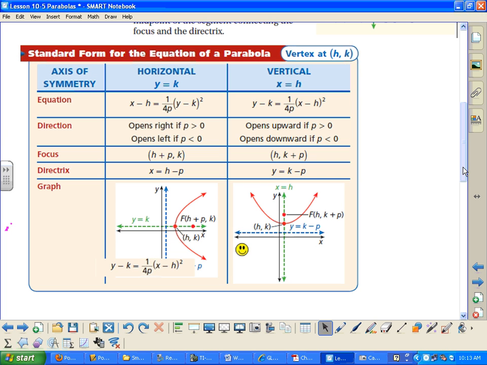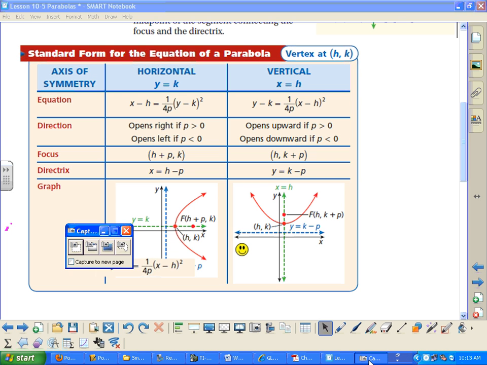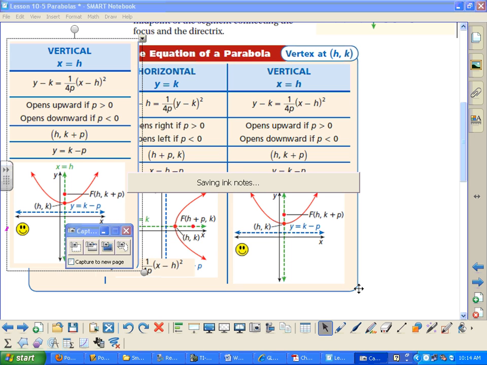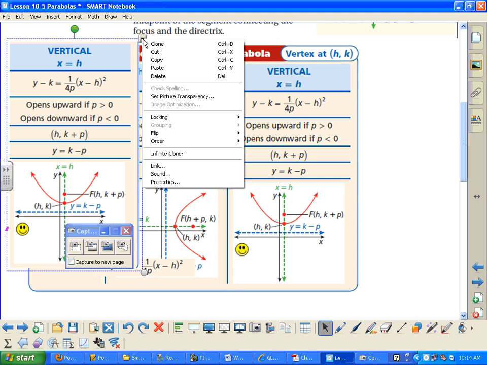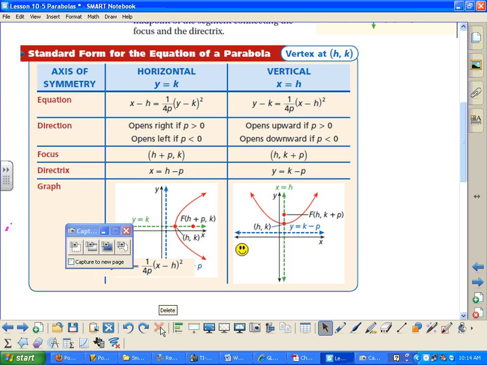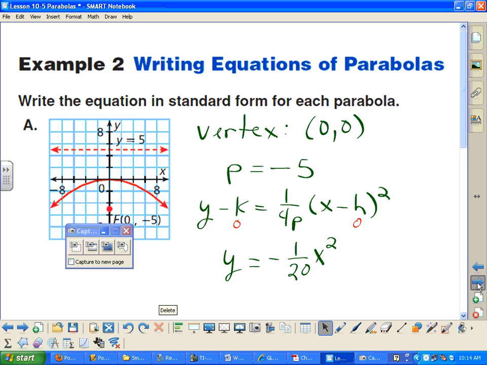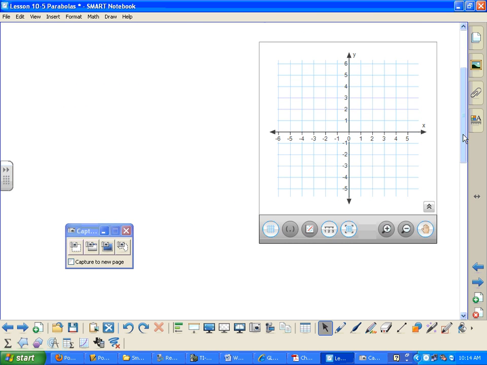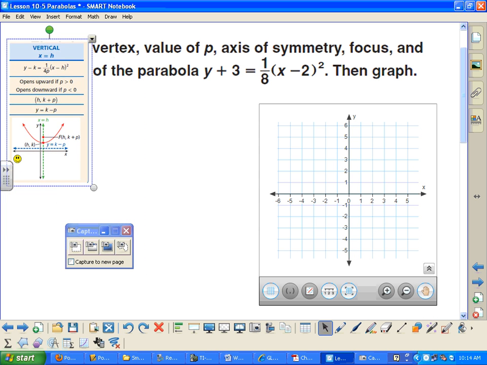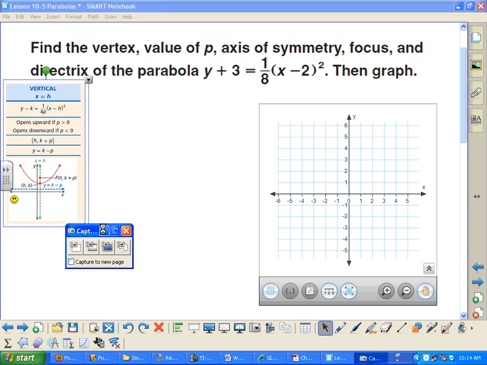So let's copy this, see if I can get it over there. Okay, so here's the information we're going to need.